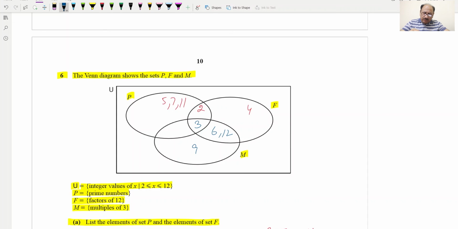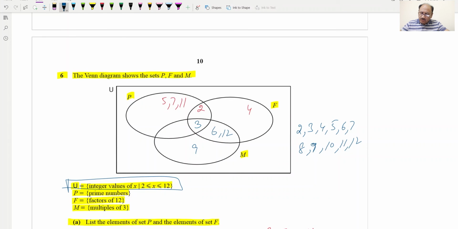Now nothing is common between P and M in this region, so we will write nothing here. Now remaining are what? If we check all the members included in the universal set, we can write 2, 3, 4, 5, 6, 7, 8, 9, 10, 11 and 12.